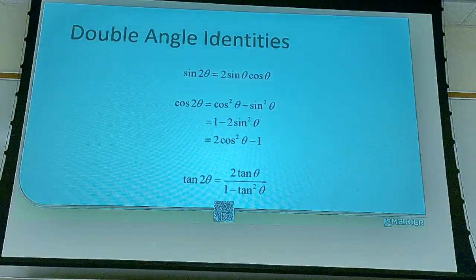And finally, for tangent, tangent of 2 theta is 2 tangent of theta over 1 minus tangent squared of theta.